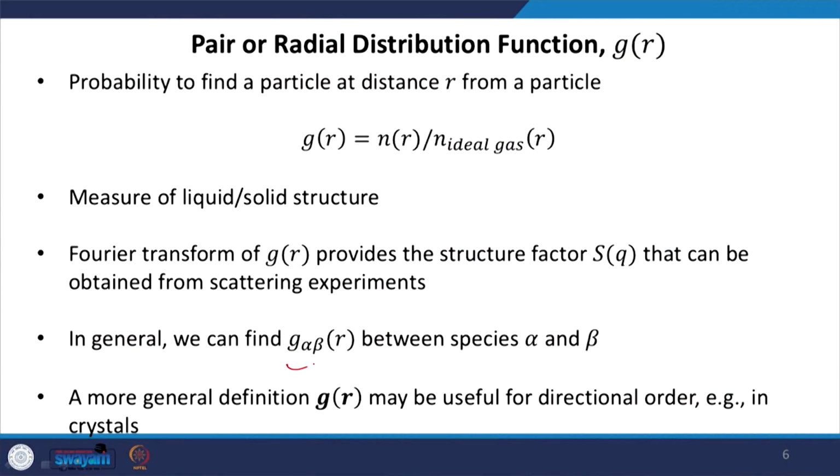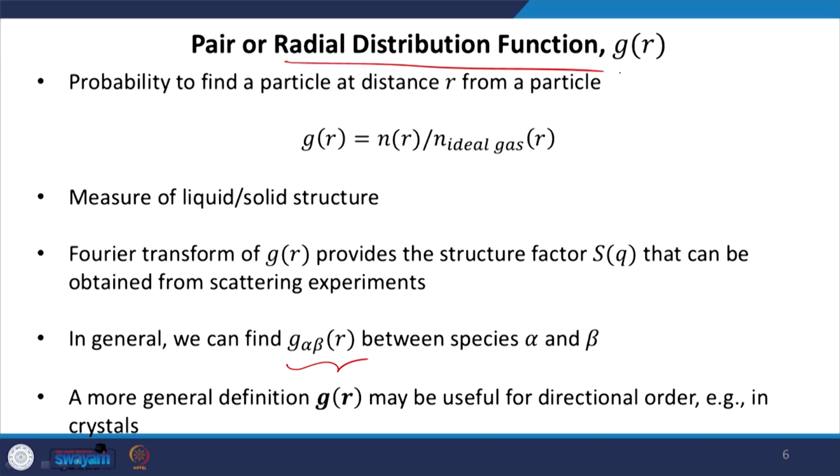Now, G of r as it is was defined for a monoatomic or single component system. If we have different species in the system, we can define in general some G alpha beta between species alpha and species beta. For example, I look at species beta at distance r from species alpha, and we look at the probability of that, and that will give me the G alpha beta of r.